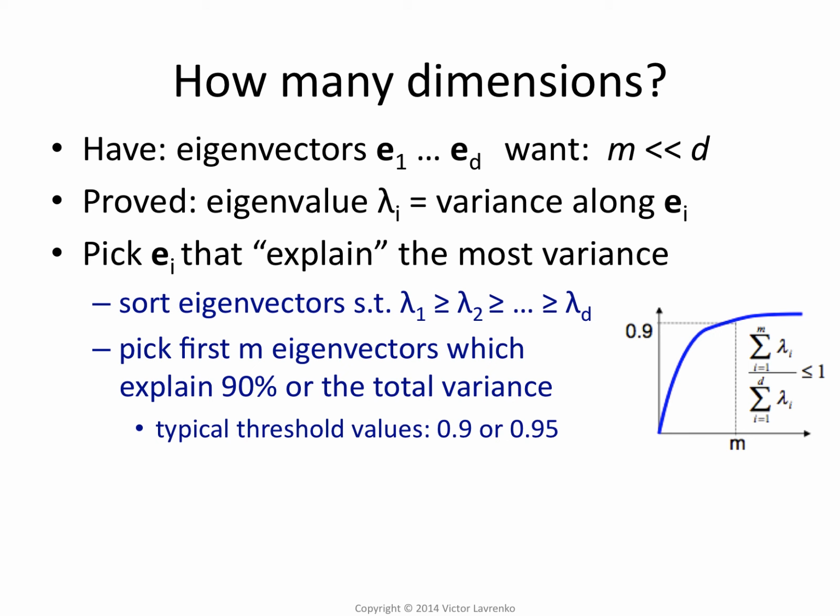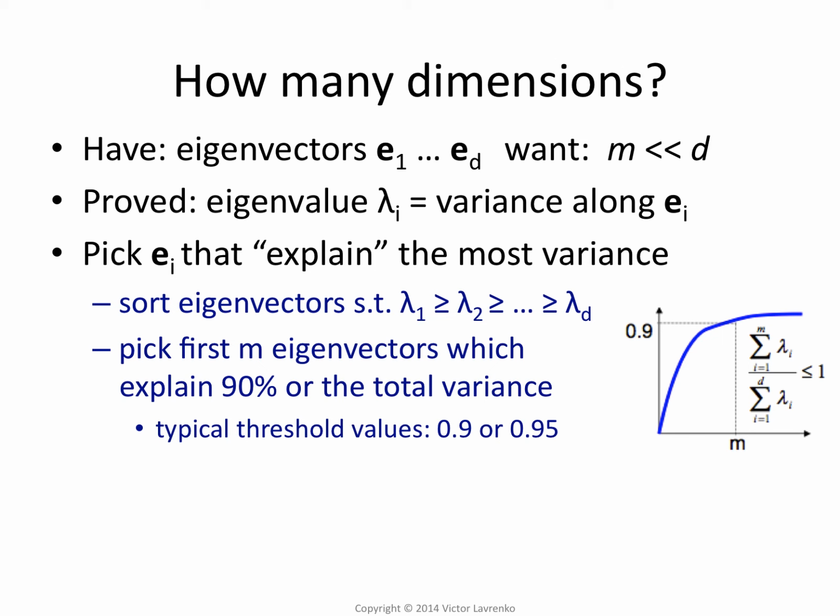So a typical way to do that is you sort the eigenvalues in decreasing order from the biggest to the smallest, and then you look at the cumulative sum. So you take lambda 1, lambda 1 plus lambda 2, lambda 1 plus lambda 2 plus lambda 3, and so on. If you plot the cumulative sum, it's going to look like that, right? And we can divide it by the total variance in the system.